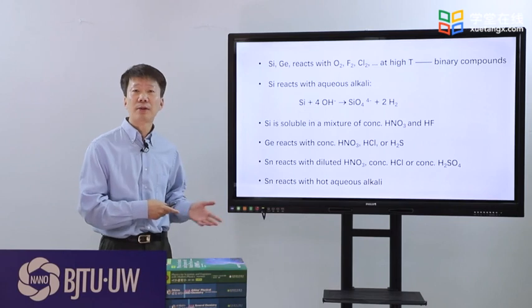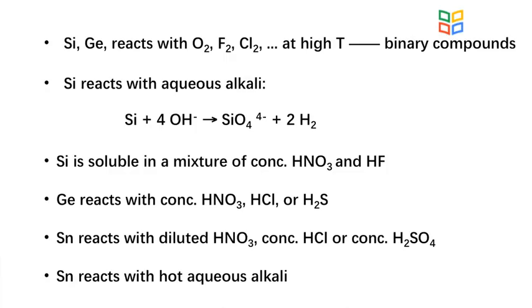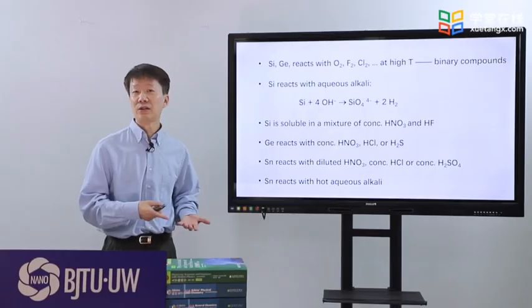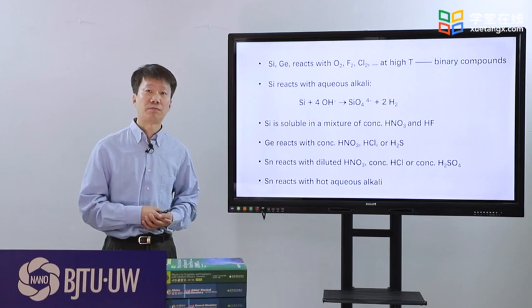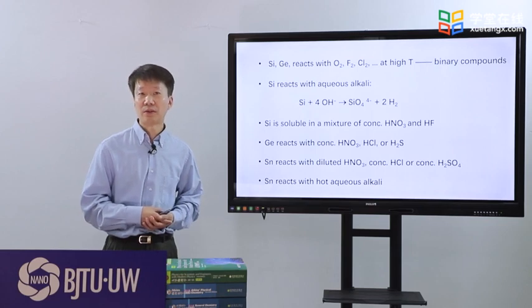Here are some typical chemistry of silicon, germanium, and tin. Silicon and germanium react with oxygen, fluorine, chlorine, and others at high temperature to give binary compounds. Silicon reacts with aqueous alkali to generate hydrogen. Silicon is soluble in the mixture of concentrated nitric acid and hydrofluoric acid.